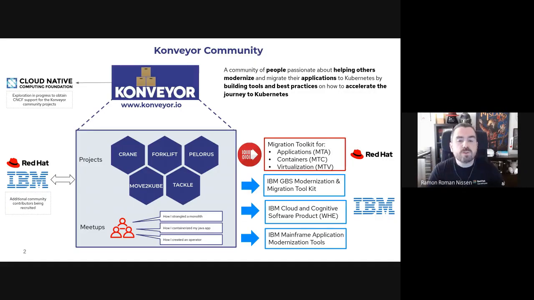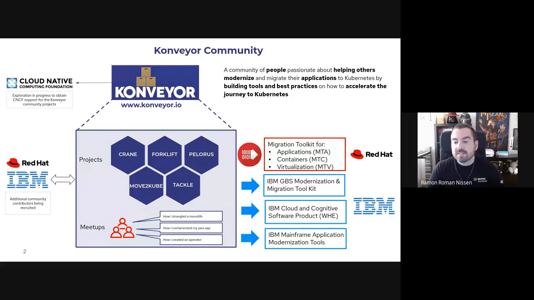For those of you who are not familiar with the Tackle project, it is a toolkit focused on application migration and refactoring to leverage Kubernetes, to use everything that the platform has to offer in that space. This has been, at least for the moment, a joint effort between Red Hat and IBM.